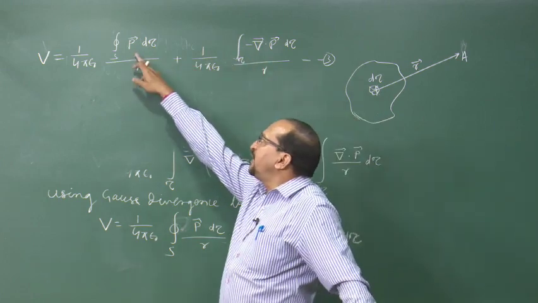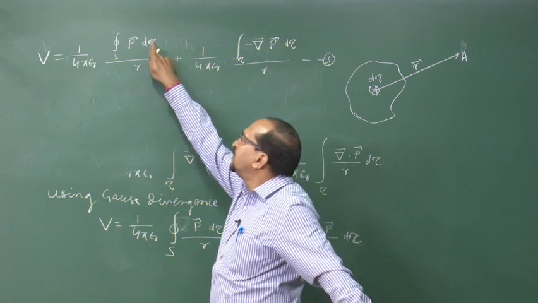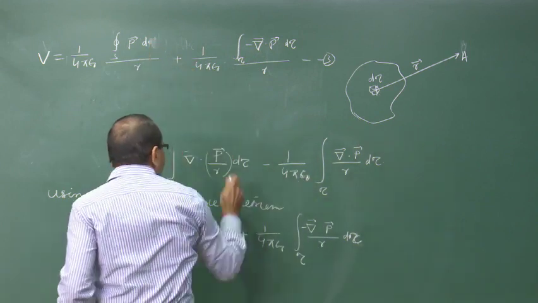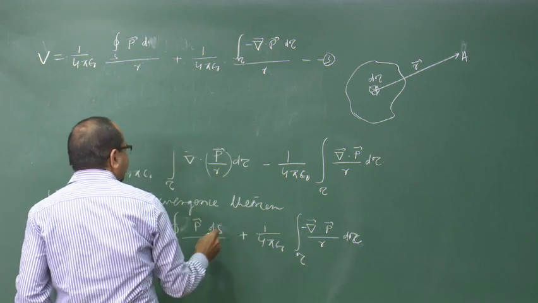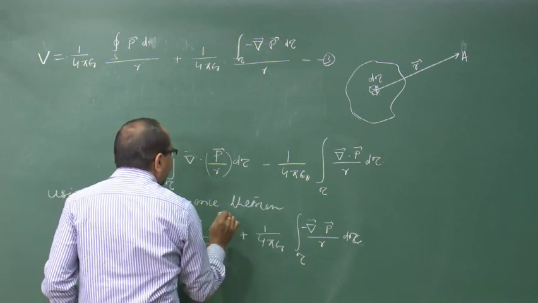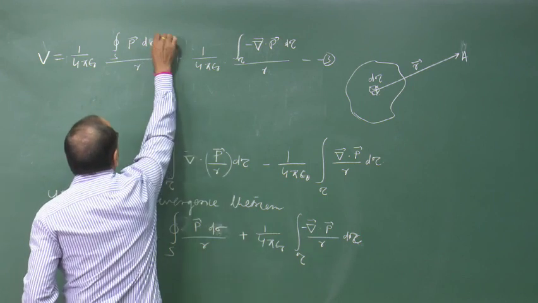So, this should be ds now. It is no more tau. Once it is a surface integral, it should be ds, or we can write d sigma, where sigma is the surface.